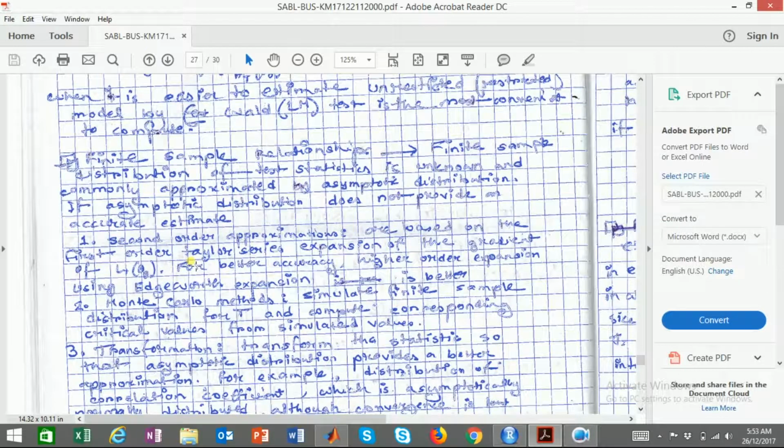Number 2, Monte Carlo method: simulate the finite sample distribution and compute corresponding critical values from the simulated values. Transformation: transform the statistics so that the asymptotic distribution provides a better approximation. For example, the correlation coefficient is asymptotically normally distributed, although convergence is relatively slow.